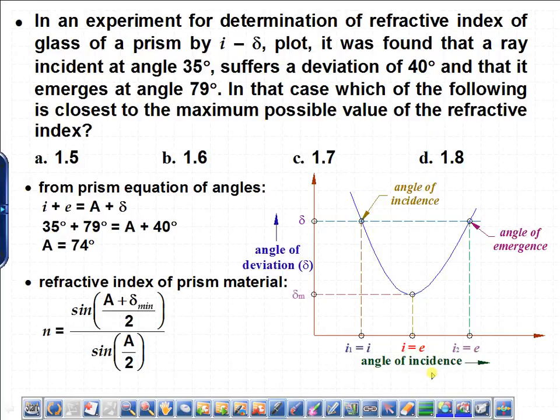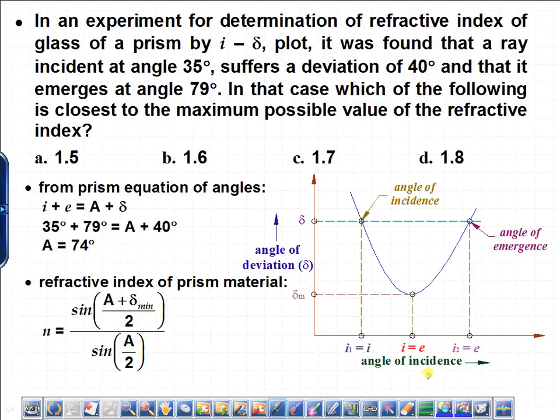Making use of that assumption, we can write the formula for refractive index of material of prism as n is equal to sine of incidence angle by sine of refraction angle in the prism, that is, sine of (A plus delta minimum) by 2 upon sine of A by 2.